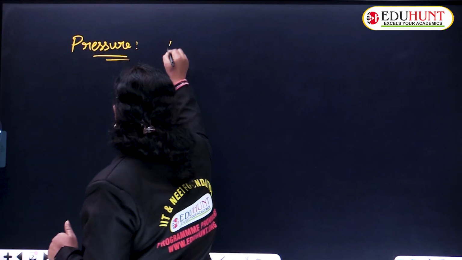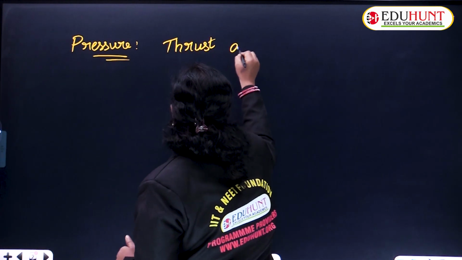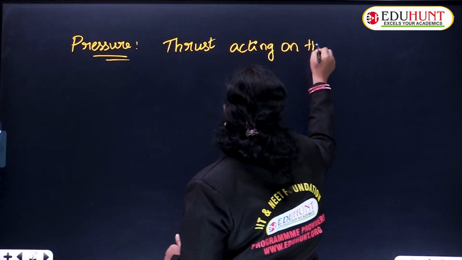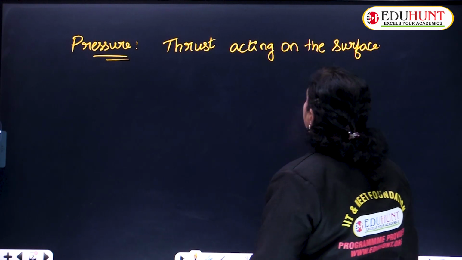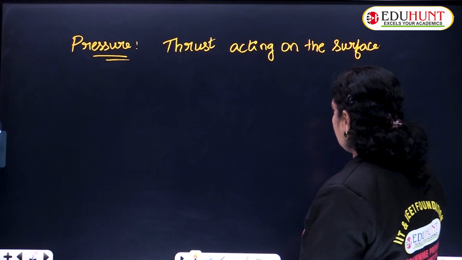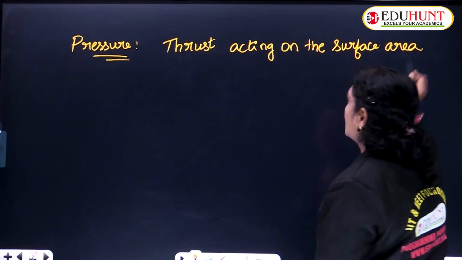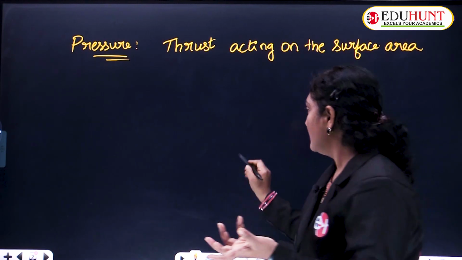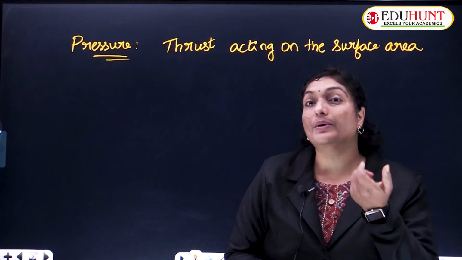So pressure is the thrust acting on a unit area of a surface. That means how much thrust is acting, and on how much area.